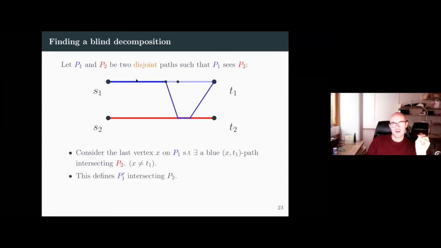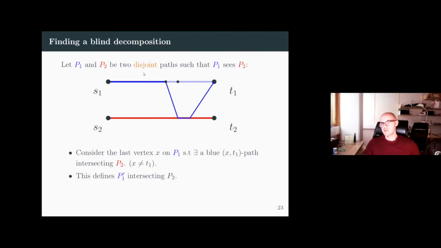So you know that there is a path from S1 to T1 which uses the red edges, and so you push it forward. You go to the last vertex from which it's possible. Here I look at disjoint paths, so this last vertex is not T1, because the paths are disjoint. In particular, if you look at the path from the vertex just after X to the end, this path does not see P1, P2, right?